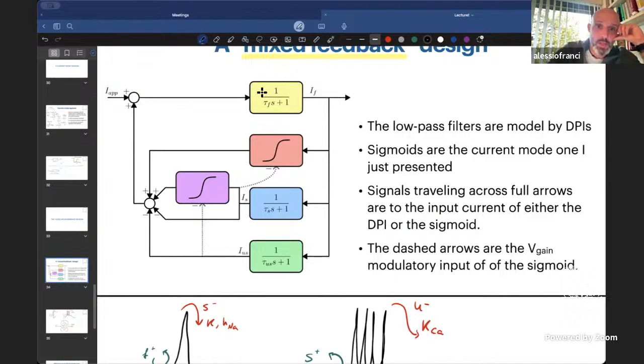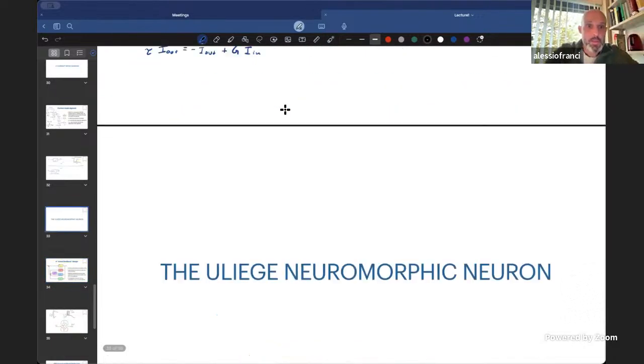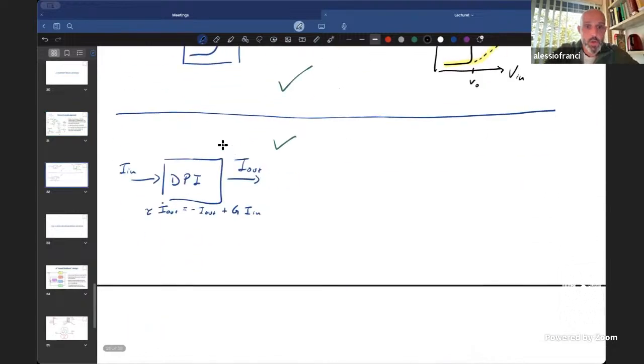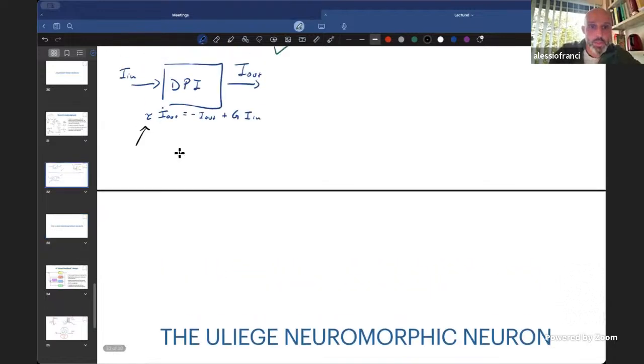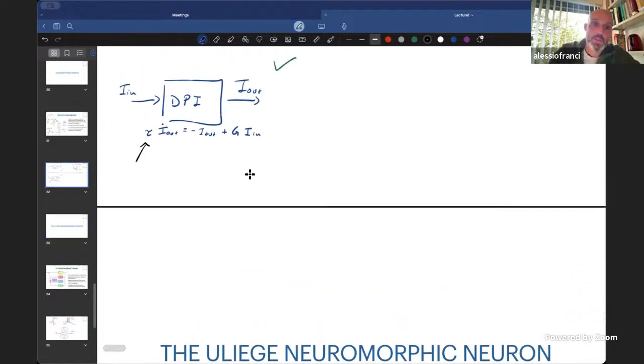When you see this transfer function, this corresponds to a DPI with time scale tau f. Remember that in this neuromorphic realization of this differential equation, you have this time scale tau that fixes the time scale of integration of this first order linear differential equation. You can fix it by fixing the size of the capacitor that you use in your circuit or other parameters.